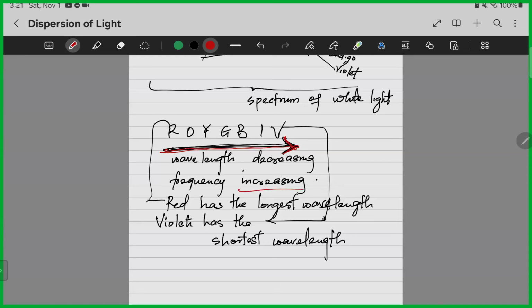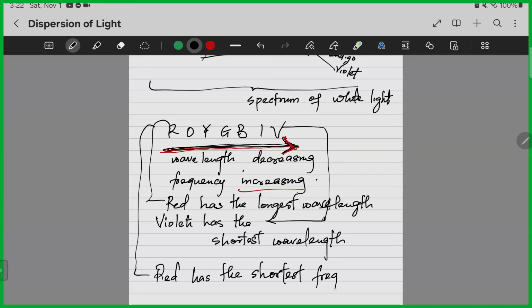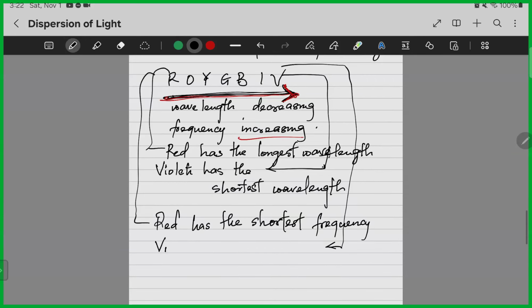So if it is increasing, it means that red has the shortest frequency because it is increasing from left to right. And that means also that violet would have the highest frequency.